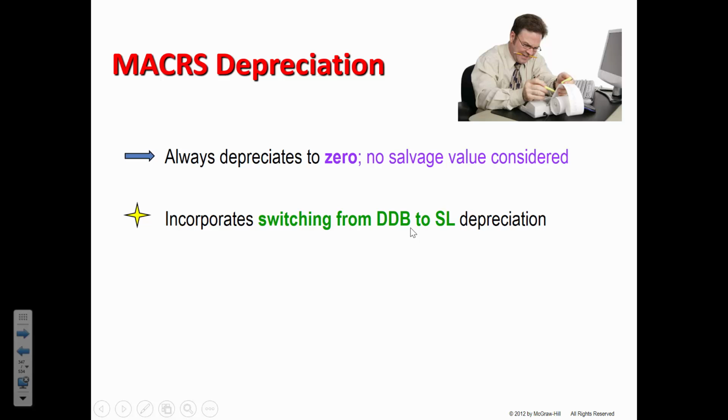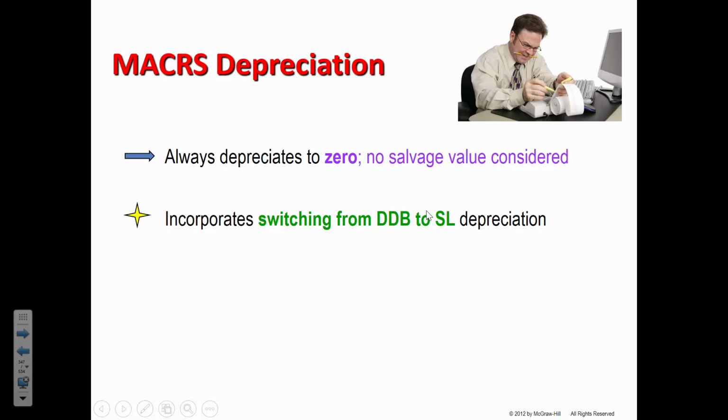So that means in the first year, you're losing 200% of what straight line depreciation would predict. But then it switches over to straight line depreciation so that it can go to zero. Otherwise, it would never make the salvage value go all the way down. So it kind of is the best of both worlds.